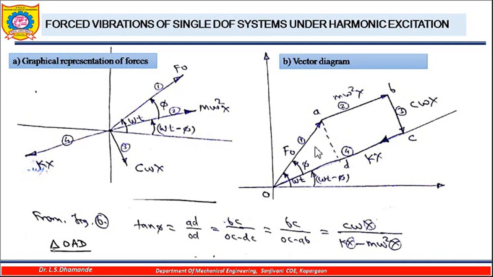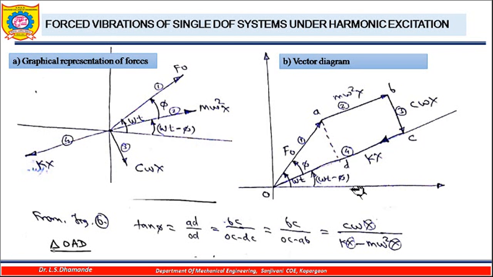If you refer to this diagram and consider the triangle OAD, tan phi is the front side AD divided by the adjacent side OD. AD is equal to BC, which is a force, C omega x, and OD is OC minus DC.